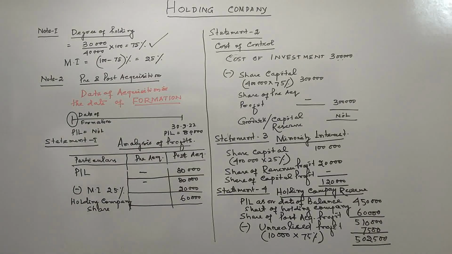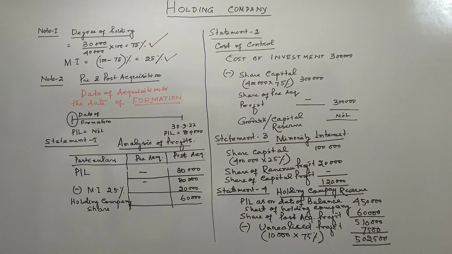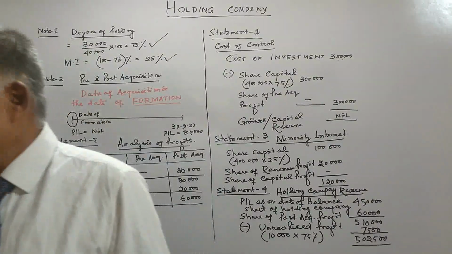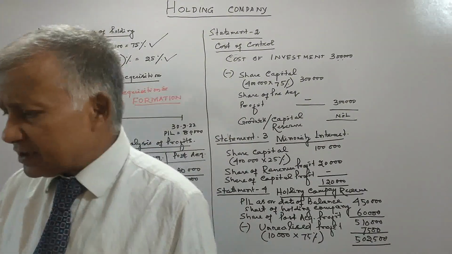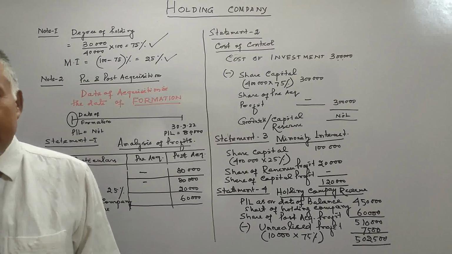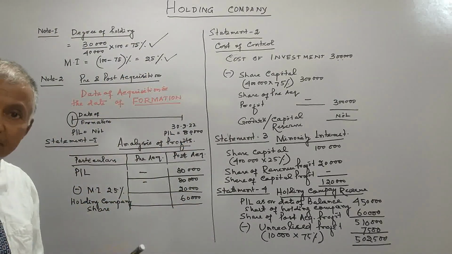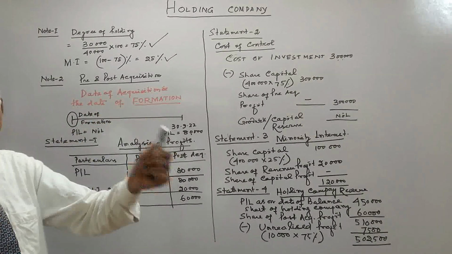Then the rest is the minority interest. The minority interest comes to 25%. Then pre and post acquisition. In this problem, especially adjustment number C is telling that A Limited holds shares in B Limited from the date of formation of B Limited.